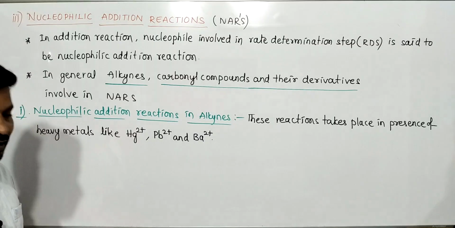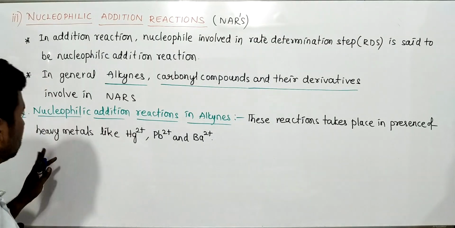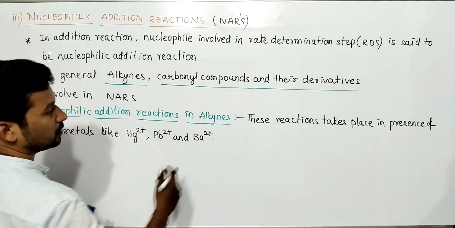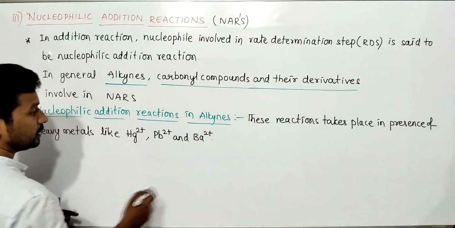These heavy metal ions are required because they attract the pi electron cloud from the alkynes.